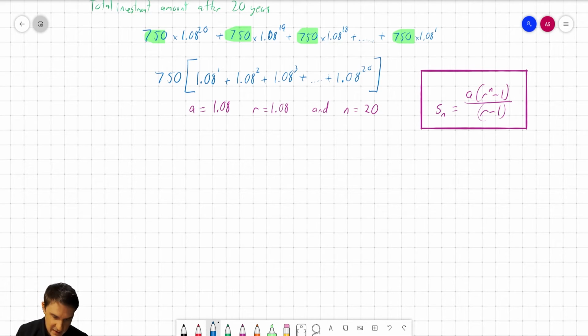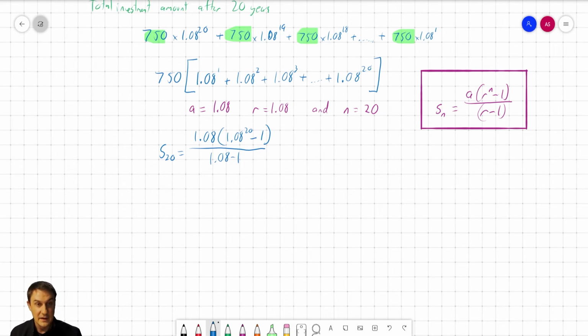As we do that, we're going to have S 20 equal to 1.08, being the first term, times, open bracket, 1.08 to the power of 20, minus 1, close bracket, all over 1.08 minus 1. That's just telling us the worth of the bracketed component. Now if we work out the whole thing, we also need to bring in the 750 outside.